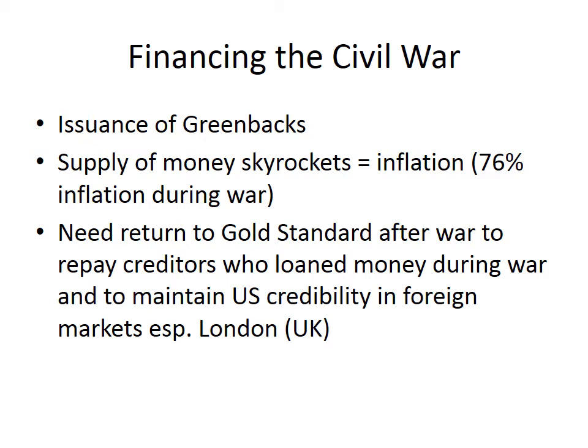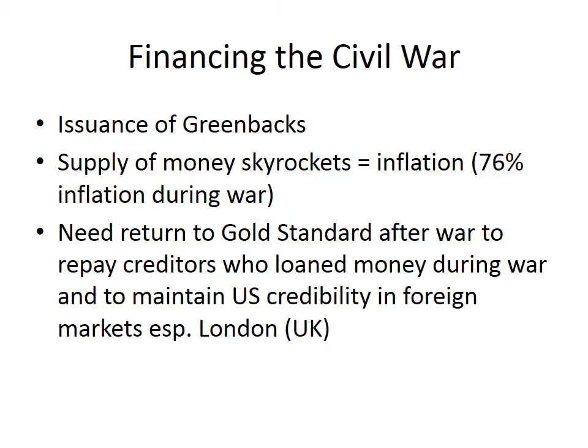So during the Civil War, the United States, the North, largely went onto what's called fiat money, which we'll get into at a much later time, in Epoch 3, meaning that the money itself is basically just an IOU. It's not specifically backed by gold anymore. And so the supply of money skyrockets. You see there, inflation during the war was 76%.